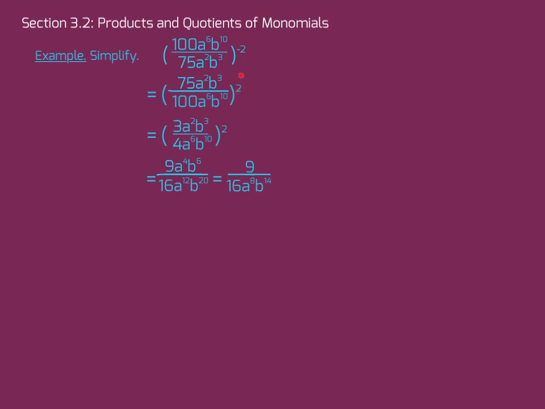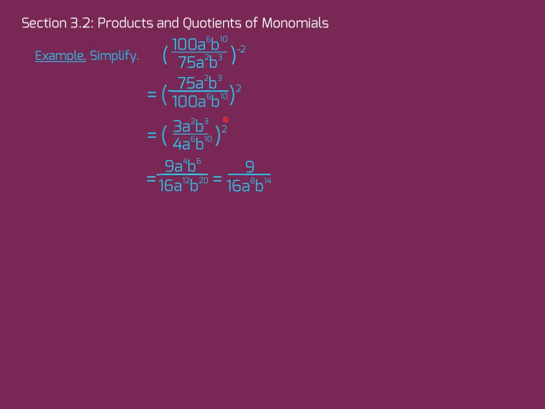After I took care of the negative exponent, notice I simplified the numbers. 75 and 100 both have a 25 as a factor, so I divided both by 25 to get 3 over 4. And then I went through and I actually distributed in this 2. Again, feel free, if you want to simplify this first, that's awesome. Go for it. It totally doesn't matter the order in which you do these.